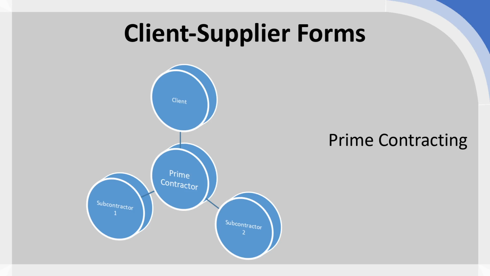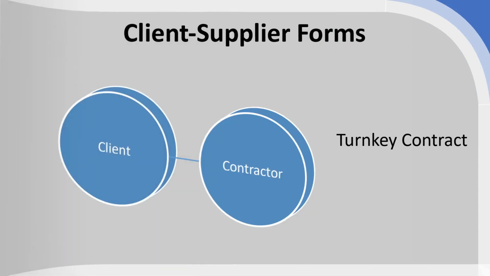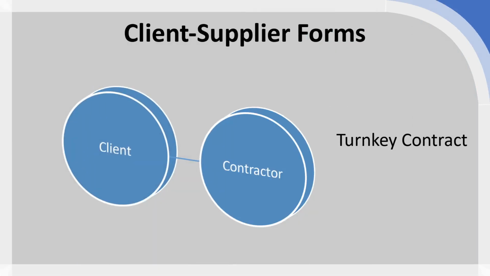We also have two additional forms of single supplier forms. The first of which, in addition to the standard single contract, would be a turnkey contract. So with a turnkey contract, it may look very similar to a single contract, but the difference here is in the nature of the relationship itself.